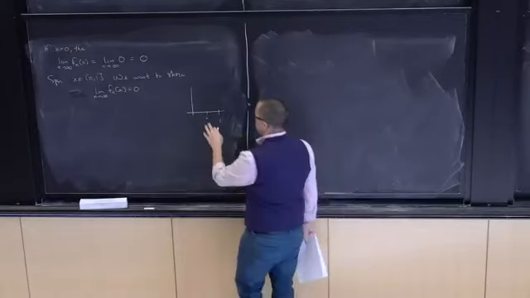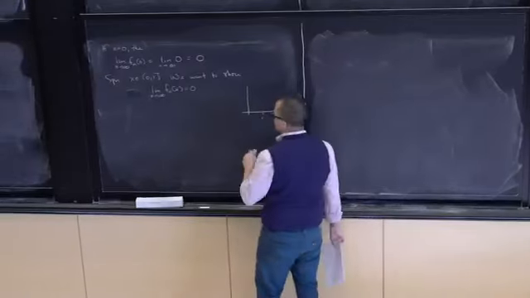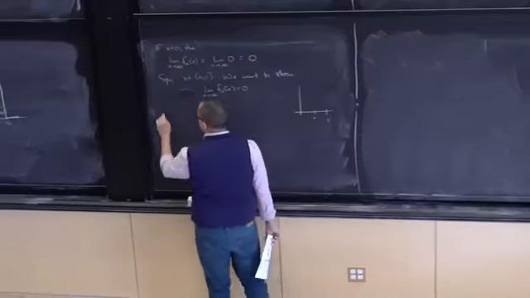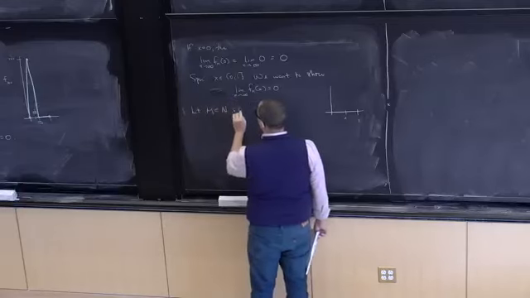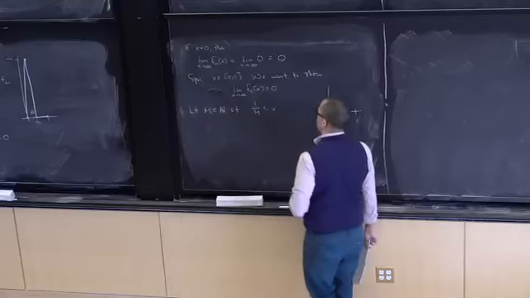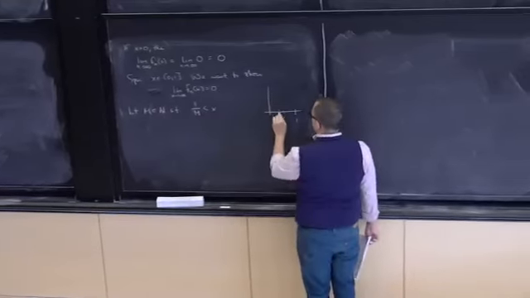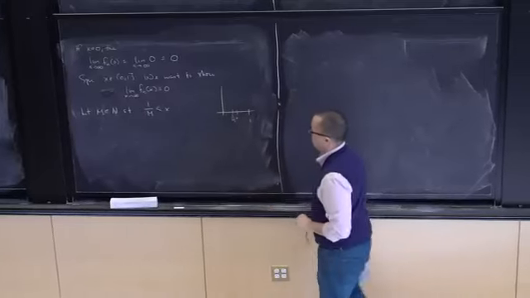So there's x between 0 and 1. Now let's choose a very large integer m so that 1 over m is less than x. All right, so here's 1 over m strictly to the left of x.